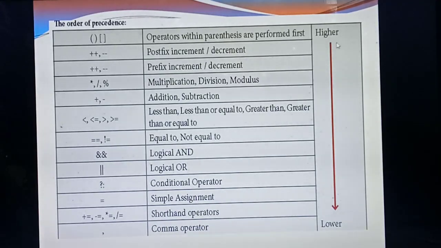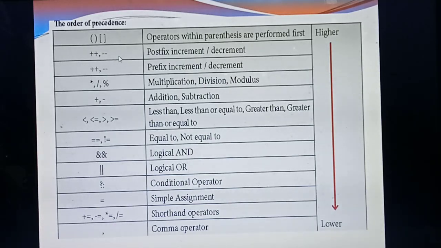See the arrow mark from top to low. That means these symbols will have the first priority. Bracket has first priority. Then plus, double plus is the second priority. Then multiplication is the next priority. Based on that each and every symbol has a priority.